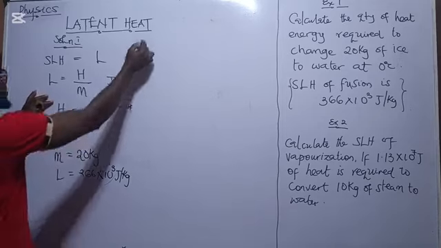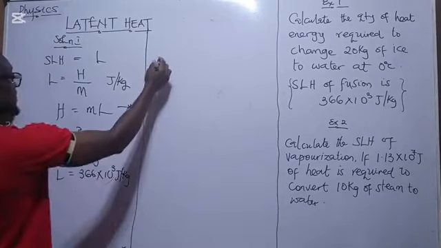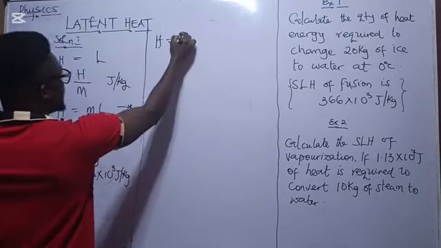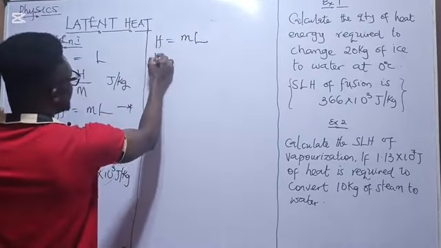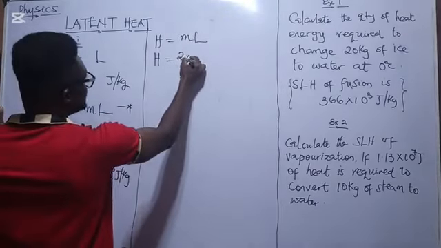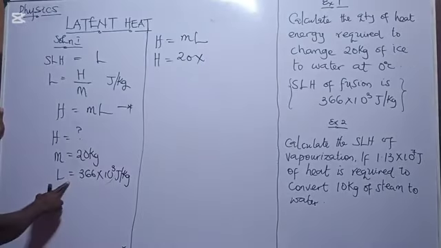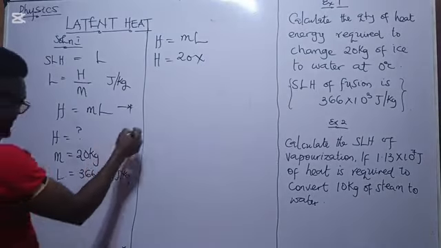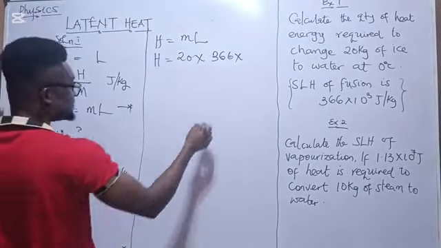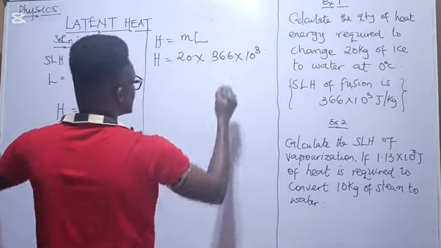So we are going to have H equal to mL. The mass is 20 kg, so we have 20 times the specific latent heat, which is 366 × 10^3.